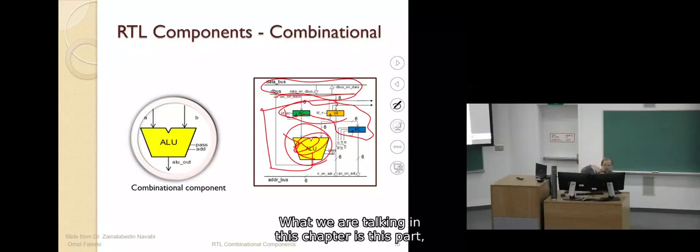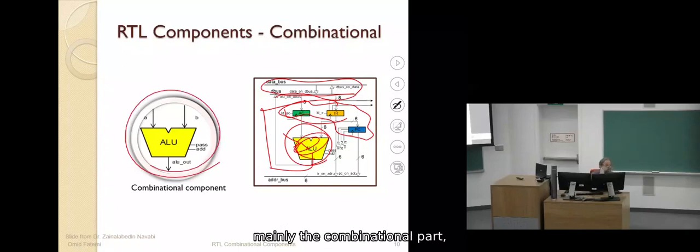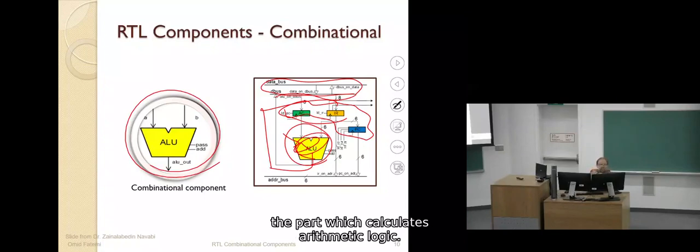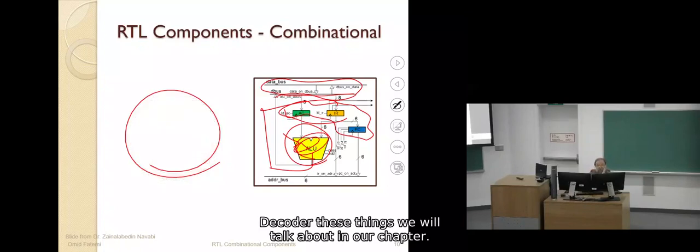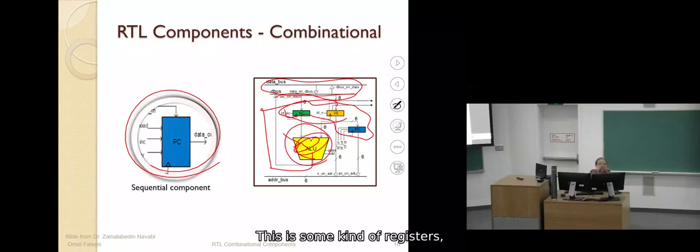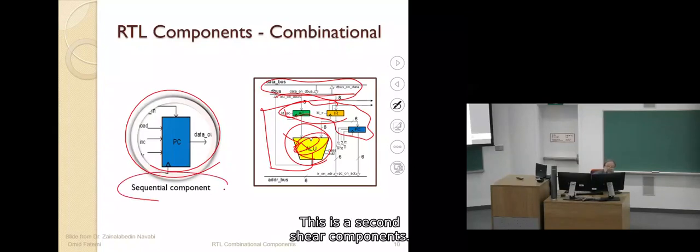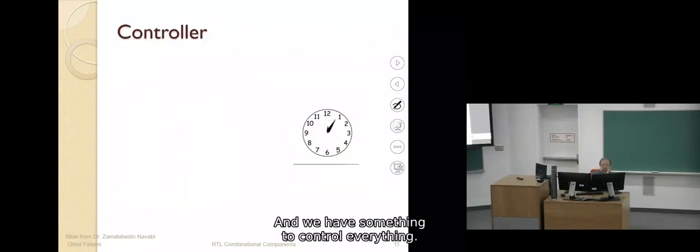What we are talking about in this chapter is mainly the combinational part, the part which calculates arithmetic, logic, like I told you, comparator, absolute value, decoder. These things we will talk about in our chapter. The register is a sequential component, so we will not talk about it now. We will talk about this in the next chapter.